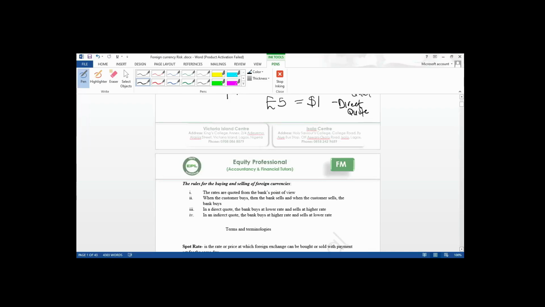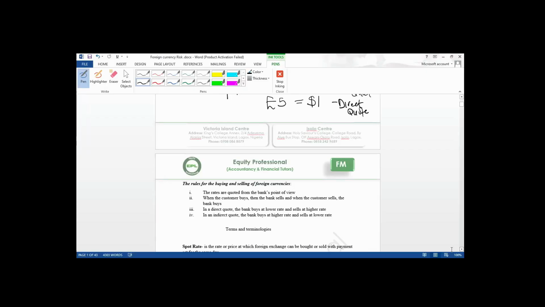We have defined exchange rates. We have explained the two types of exchange rate quotation.